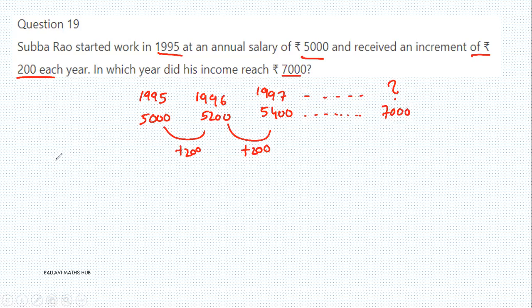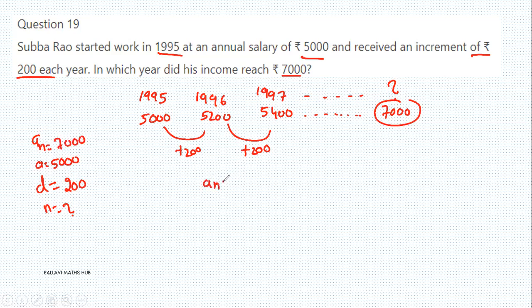So here A is equal to 5,000. Common difference D is 200. Here they already mentioned 200 each year increasing, means D is 200. You need to find n is equal to question mark, and the last term is AN, which is 7,000.